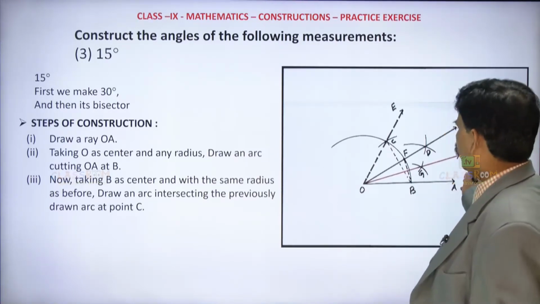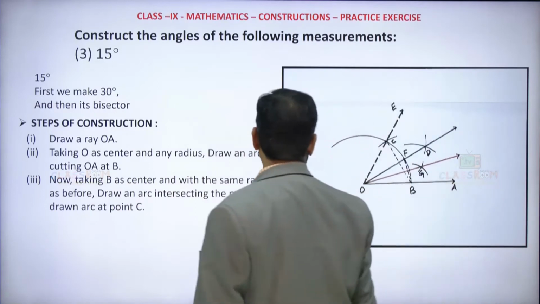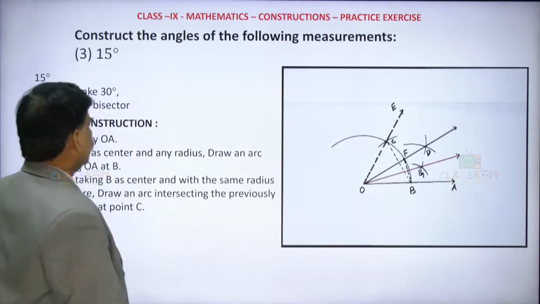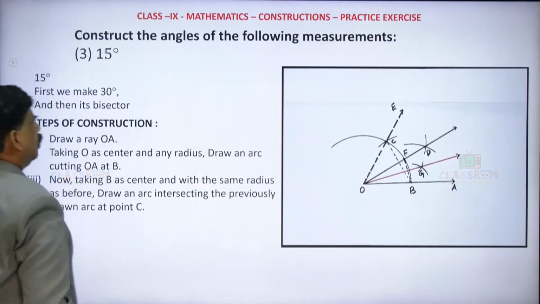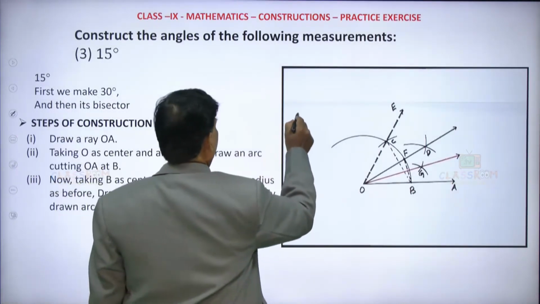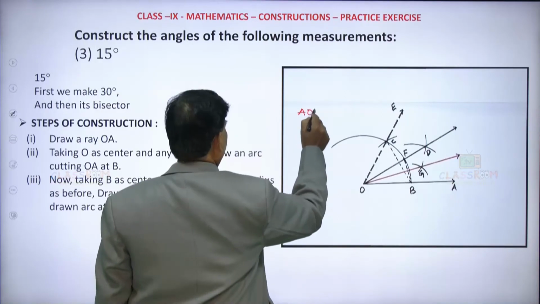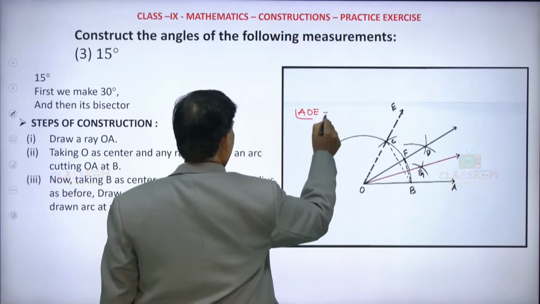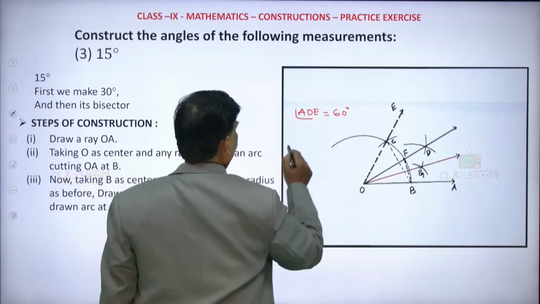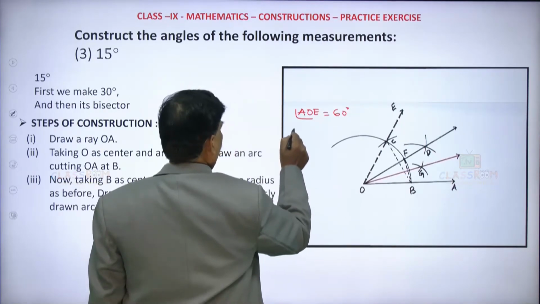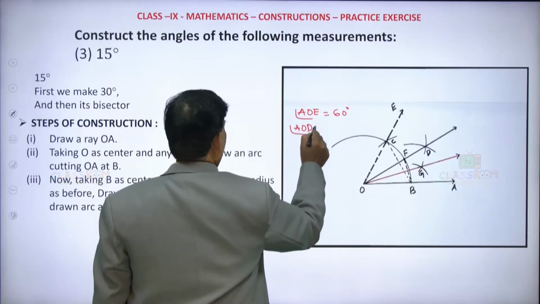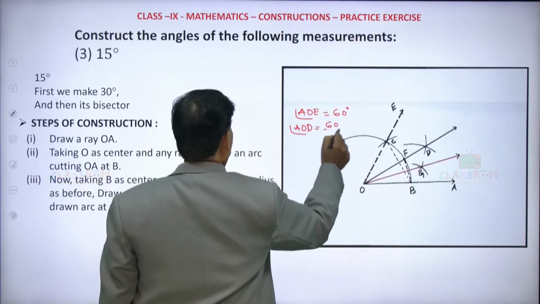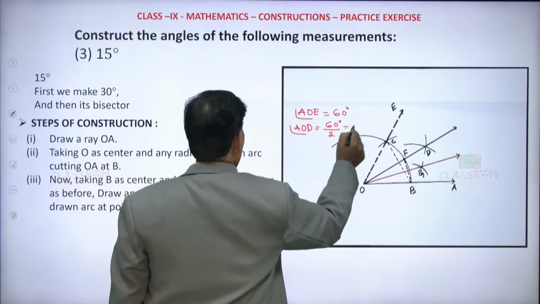We bisected it so that angle AOD will be half of the 60, that means the bisector 30.